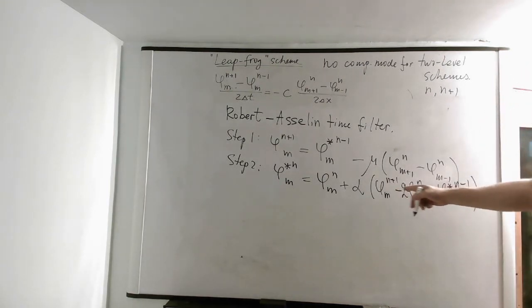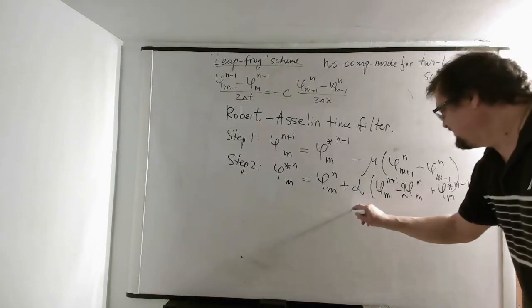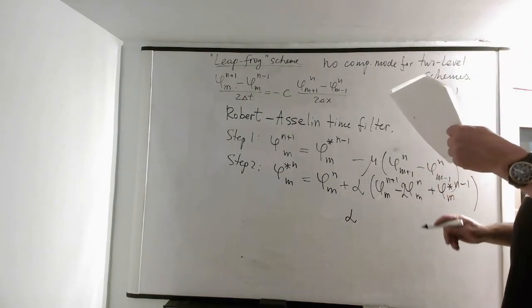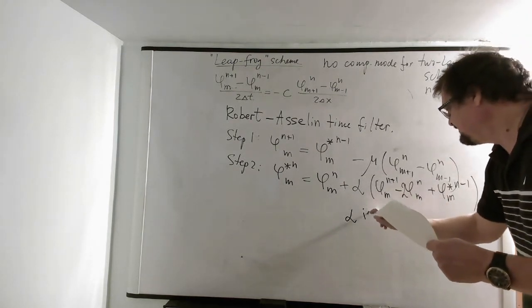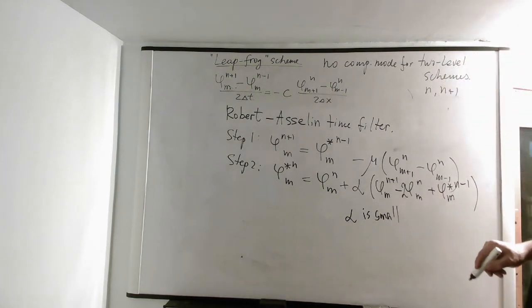So this is some kind of diffusion in time. You create this diffusion in time with diffusion coefficient alpha, which is an empirical constant that you need to find experimentally, but it's small because otherwise you will affect your solution profoundly.